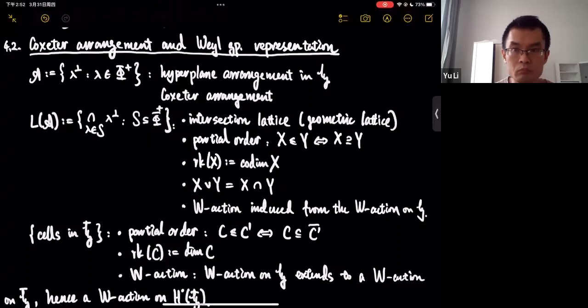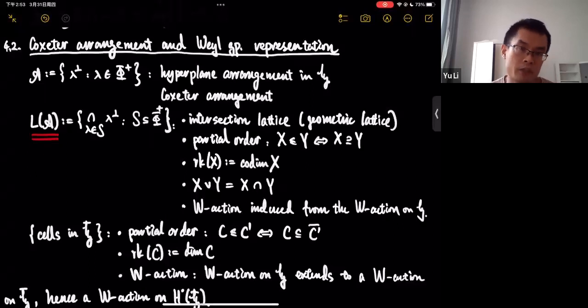roots. Okay, and for each hyperplane arrangement, we have its intersection lattice. So here denoted by capital L of A. As a set, the intersection lattice of a hyperplane arrangement consists of just all possible intersections of the hyperplanes.